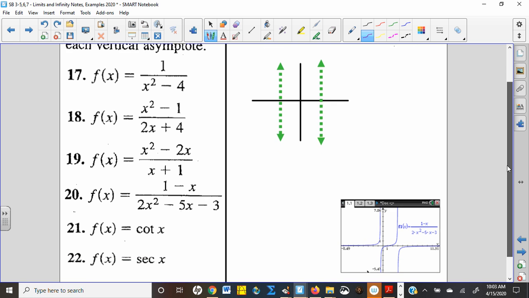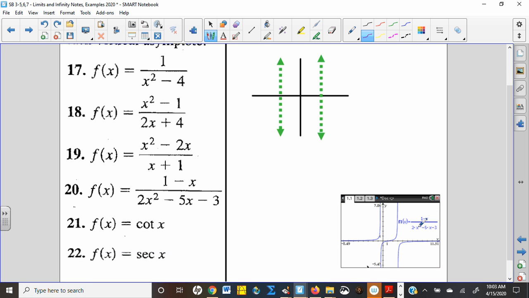Looks like I have a picture down here of problem number 20. So let's take a look at that one. At the bottom, 2x squared minus 5x minus 3 does factor. It factors into 2x minus 3 times x minus 1.